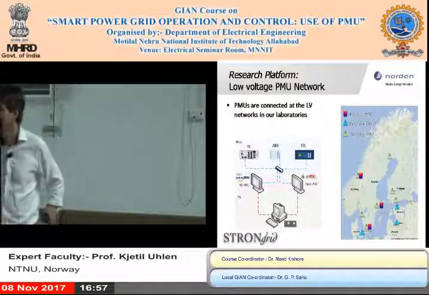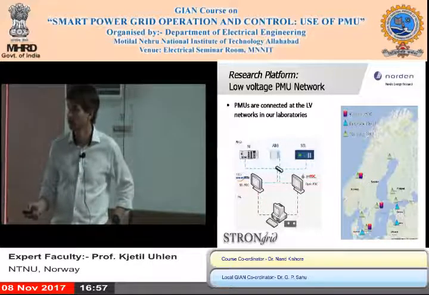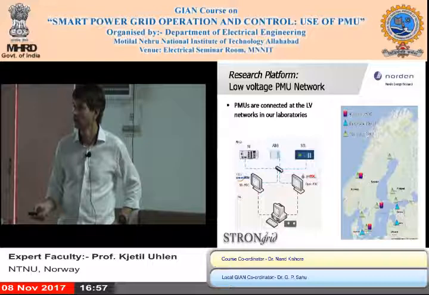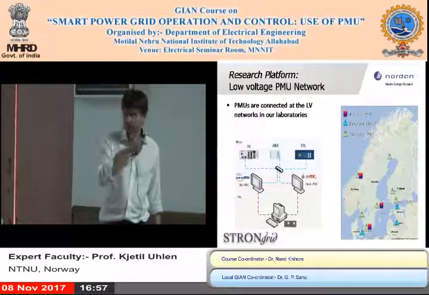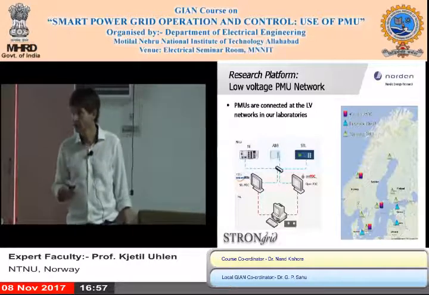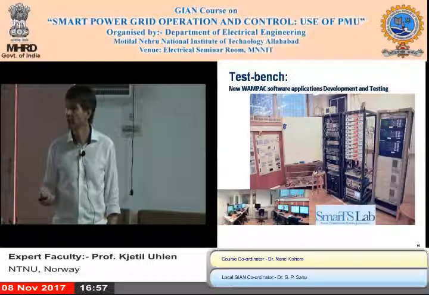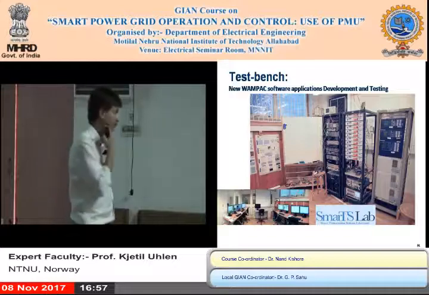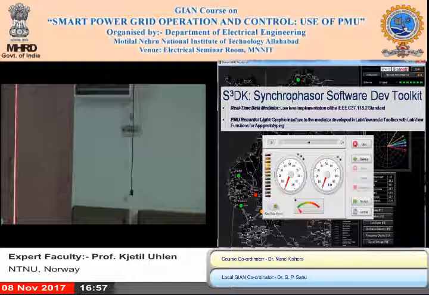So a more detailed picture of that with our equipment. I won't go into detail here, but the idea was that everybody streamed out data to all the other participants. This is just a picture of the lab at KTH in Stockholm with some of their equipment. This is a picture of a software kit that enabled us to make applications without too much effort.